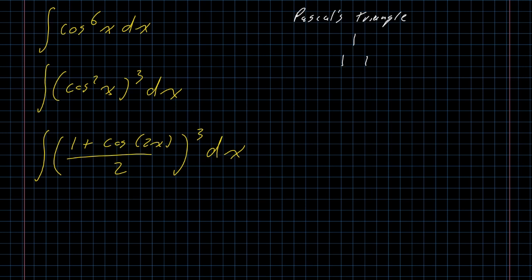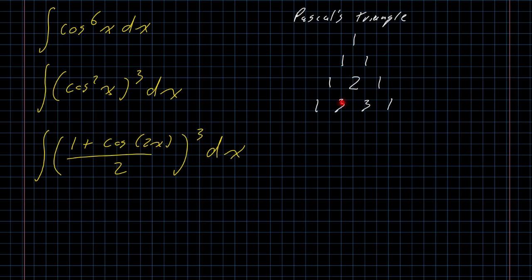And now from here, when there is nothing above on one side, you just write the 1 that's on the other side. But in the middle, where you have numbers above in both directions, you add them together. 1 plus 1 is 2. Then you have 1, 3, 3, 1.